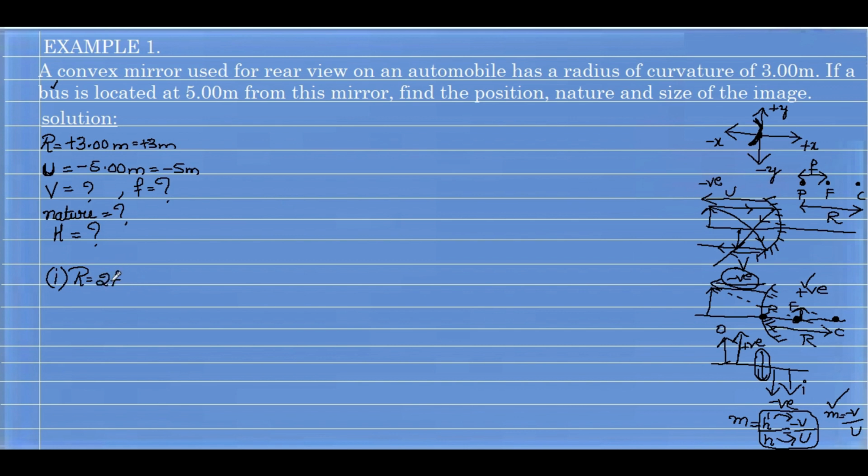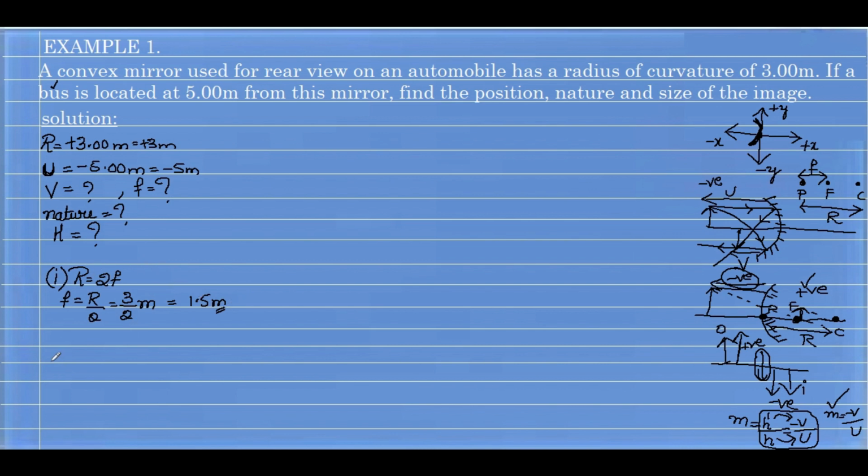But here we need to calculate the value for f, so we alter the formula. f is equal to r divided by 2. Here r is plus 3, so f is 3 by 2 meter, or if I divide it, it becomes 1.5 meter.